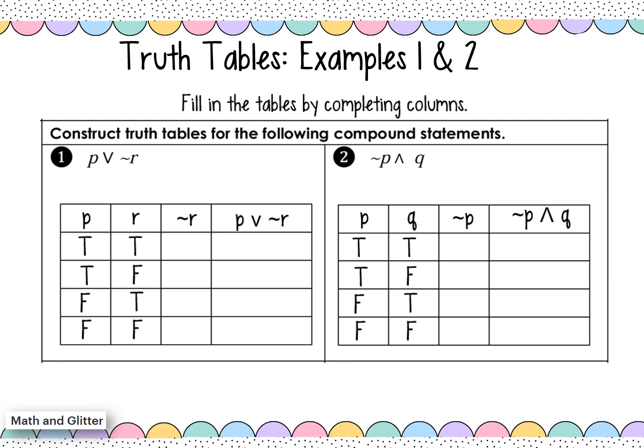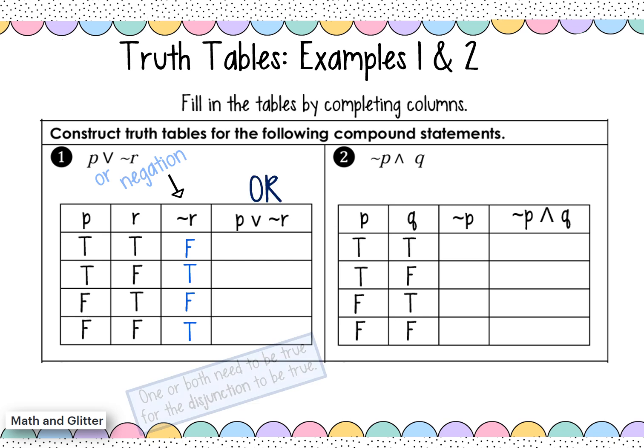Number 1, we have P or not R. So we're negating R. We have the columns for P and R already there with all the possible combinations of true and false for them. And now we need to negate the R's. So right there, T becomes F and F becomes T. Now let's put our or together.